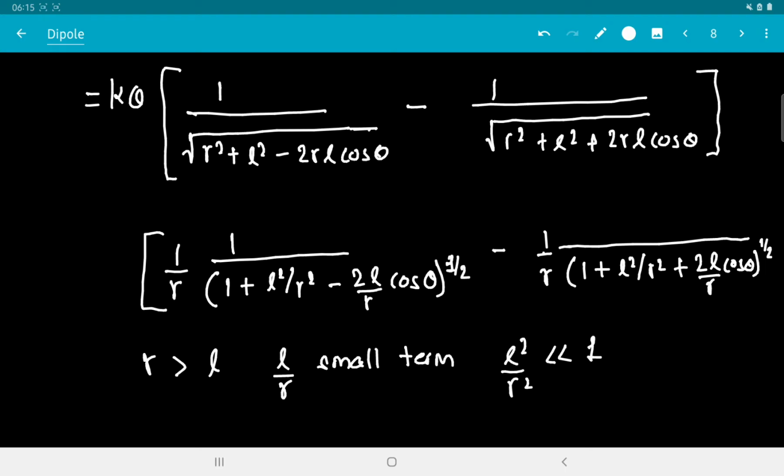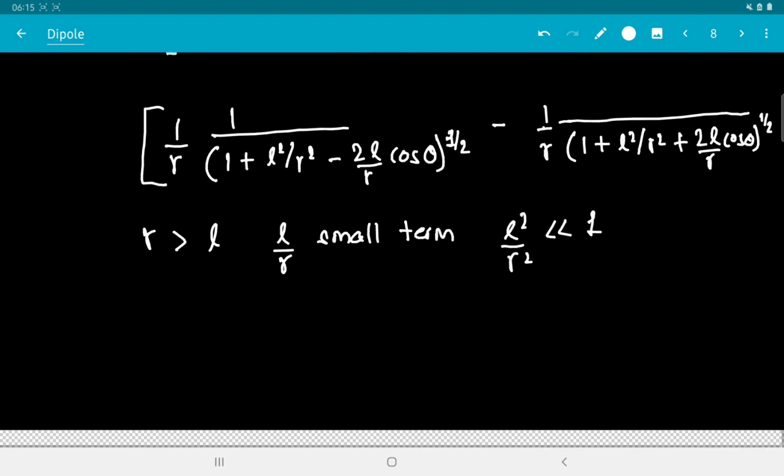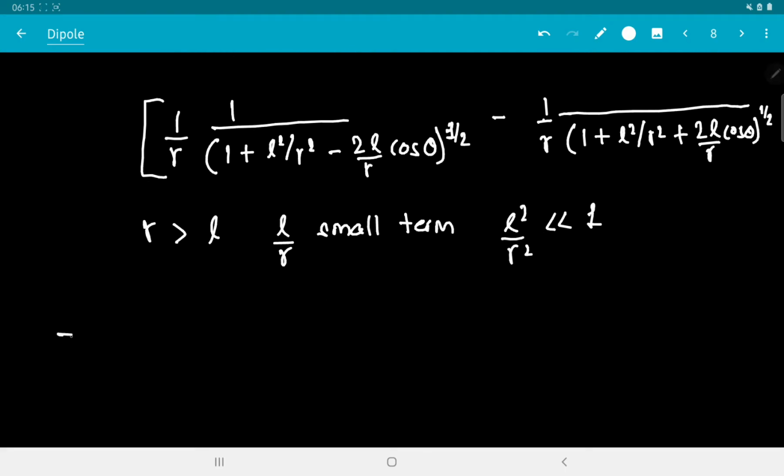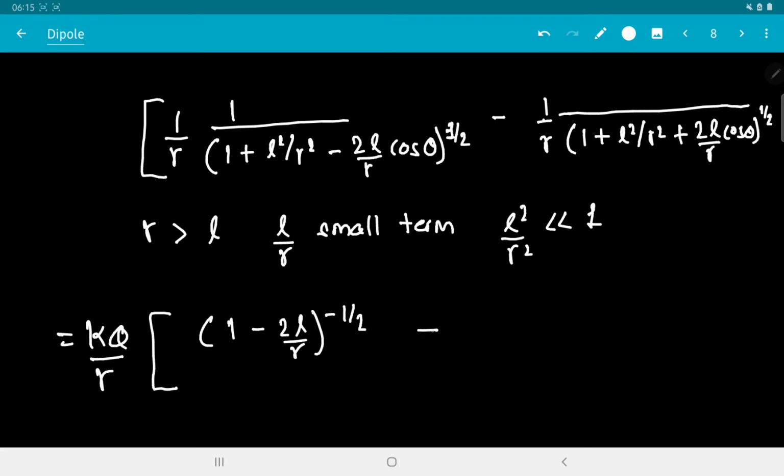Further, we can apply the binomial expansion to this. So kq by r, we have in the bracket, we will take this in the numerator now, 1 minus 2L by r raised to minus 1 by 2, and minus 1 plus 2L.